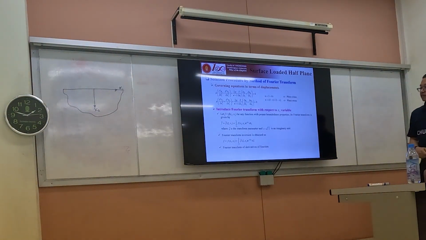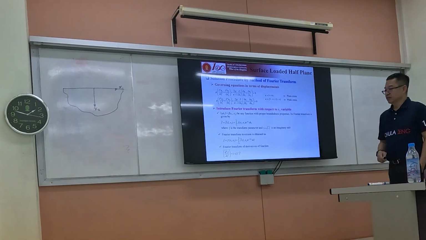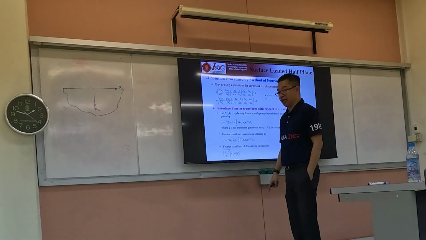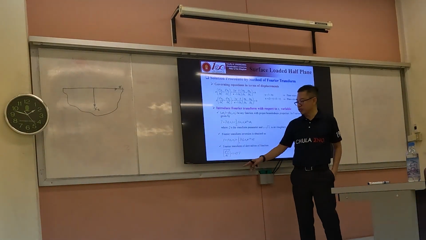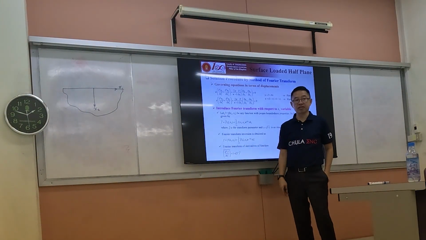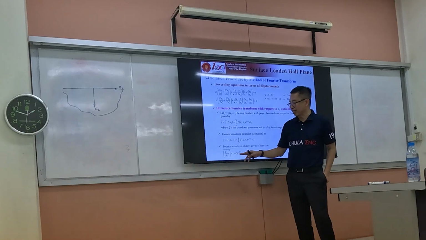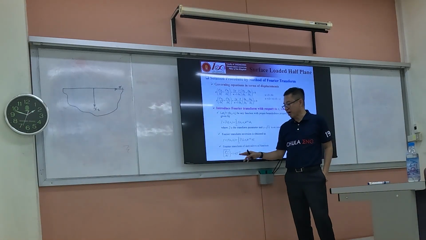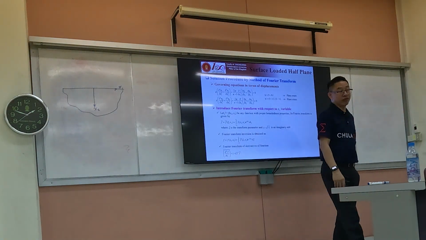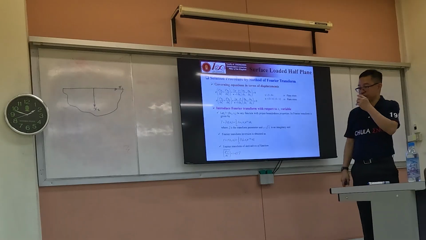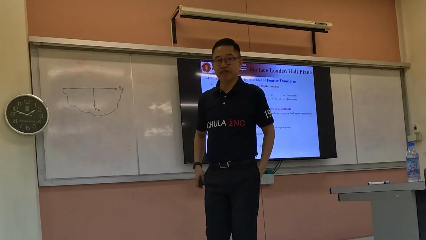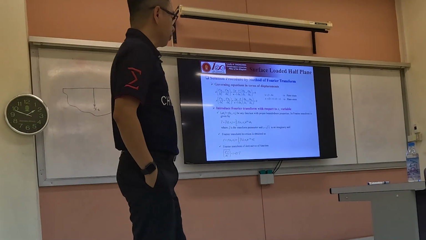Also, we will have some properties, like the derivative of a function. If you take the transform of the derivative of a function, you can simply take the transform of that function and multiply by this factor. How can we prove this? You can go back and read some books or references that talk about the properties of the Fourier transform.